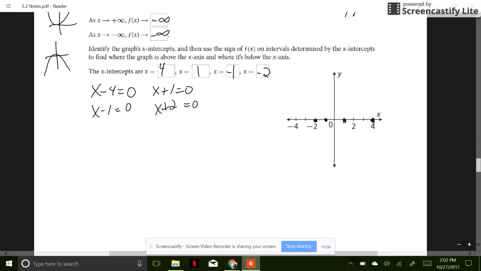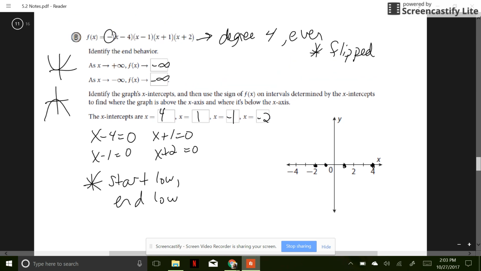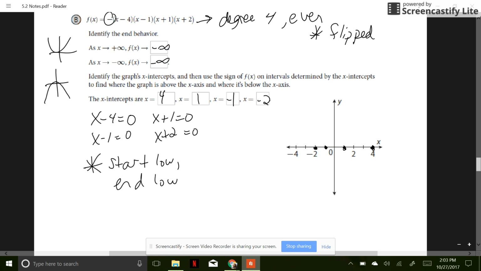So now we use the end behavior to help us figure out what the graph's going to look like. Notice, again, as we go in either direction, right or left, we're going down to negative infinity. So we're going to start low, and we're going to end low. Taking a look at our intercepts to see whether we're going to cross or be tangent to the x-axis.